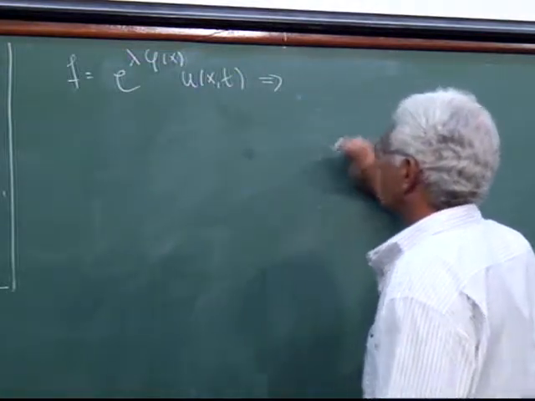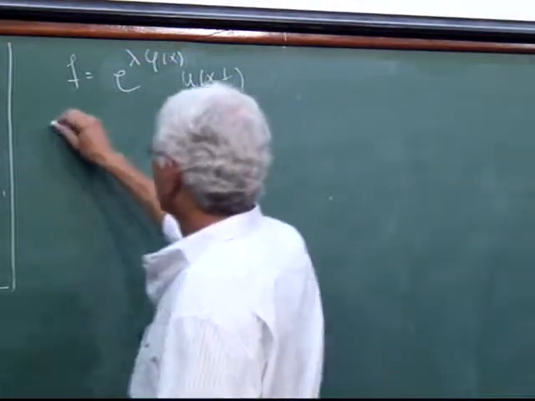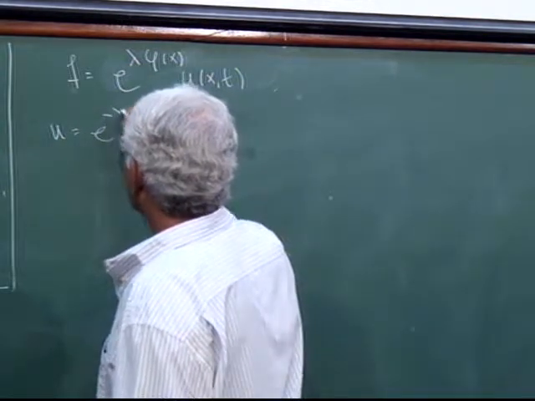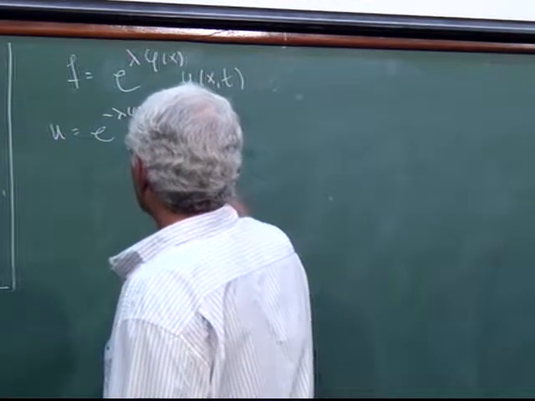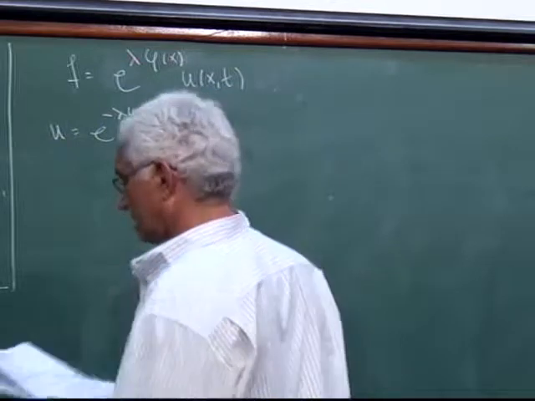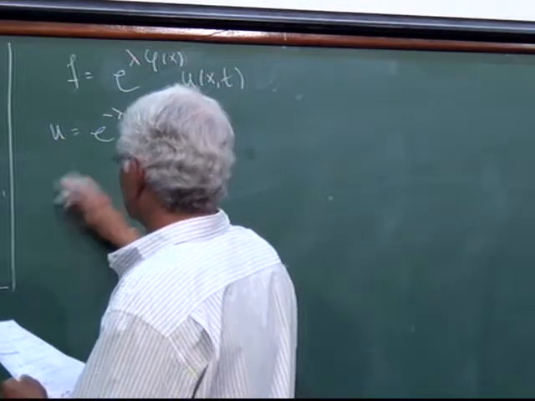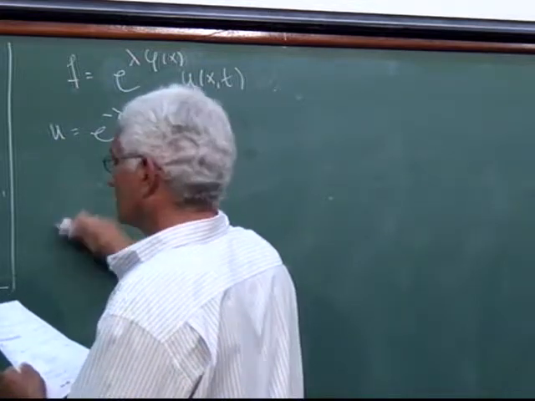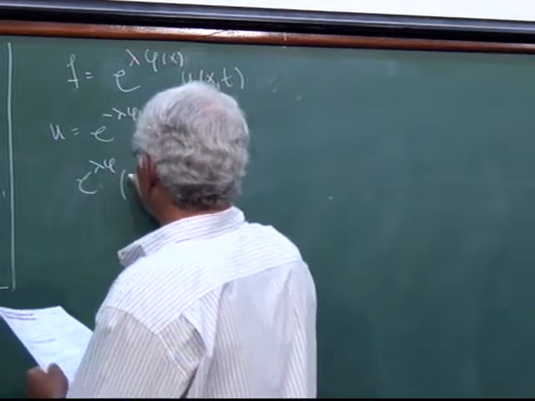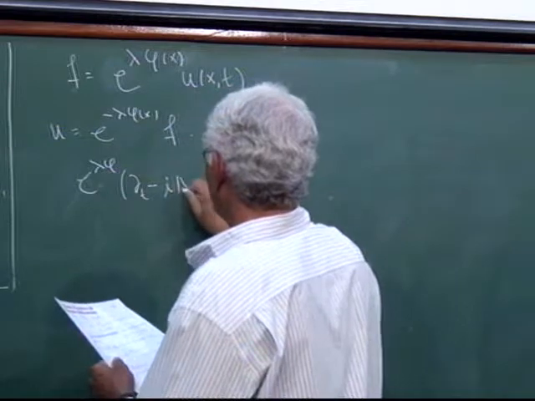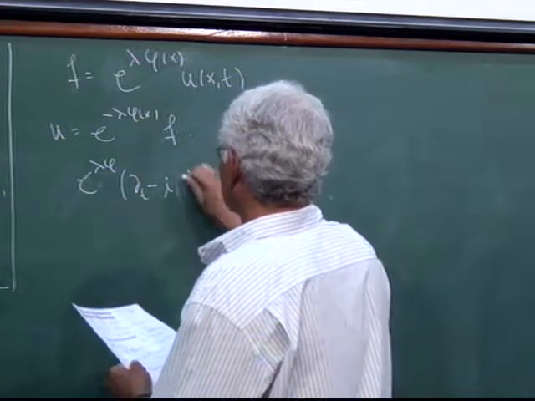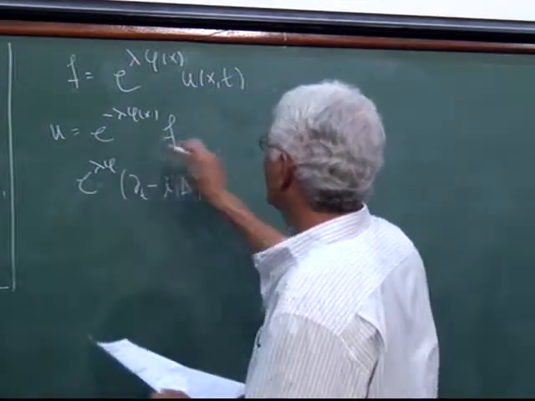Then f satisfies this equation. Then you have that u is e to the minus lambda x multiplied by f, and you realize that you have this equation. E lambda f dt minus i Laplacian of u that is equal to this.